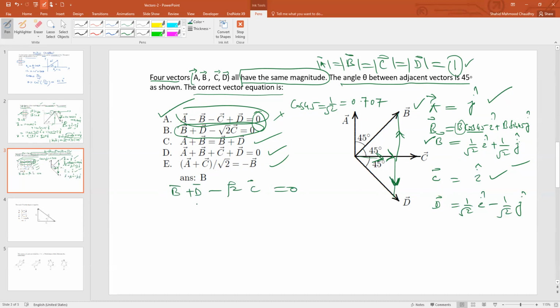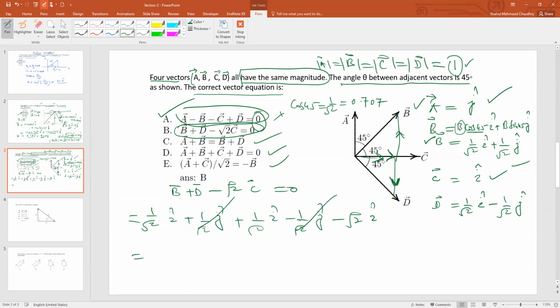Here you can see B is 1 over root 2 I plus 1 over root 2 J, plus 1 over root 2 I minus 1 over root 2 J. This is B plus D. Minus root 2 C, where C is I. If our answer is 0, then this equation is correct.